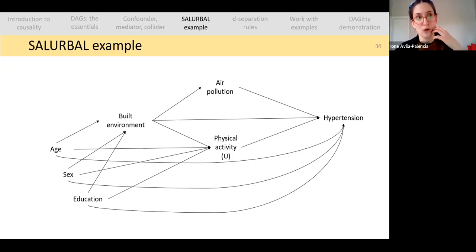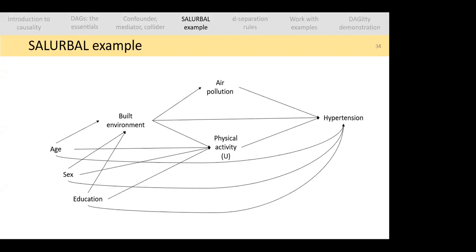You may also be more able to decide where you live. Education is generally a proxy of socioeconomic status, so depending on your socioeconomic status, you may be more able to decide to live in certain neighborhoods that have a certain built environment. I don't know if I answered your question with that.